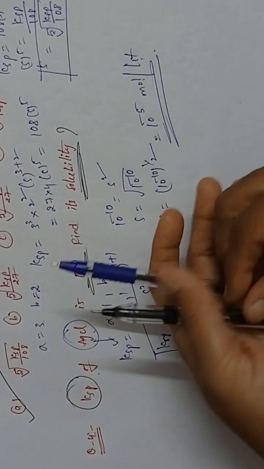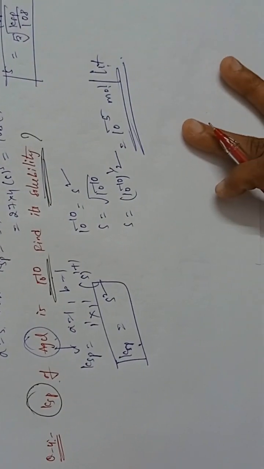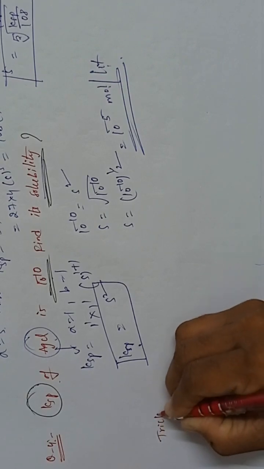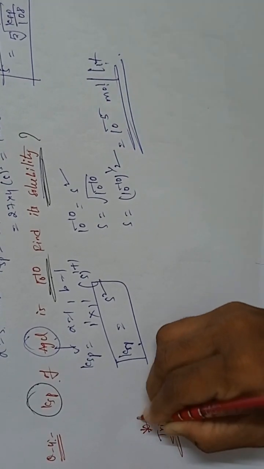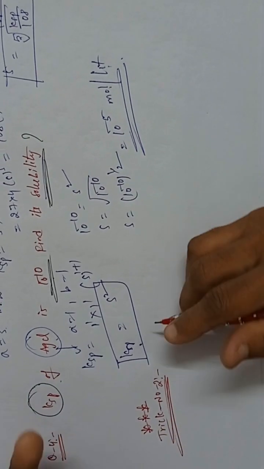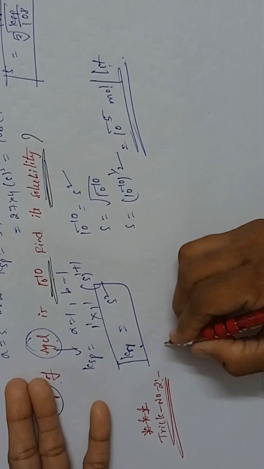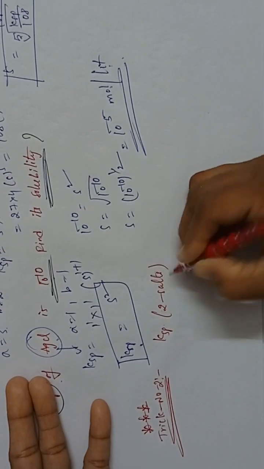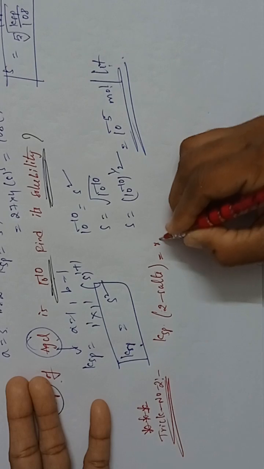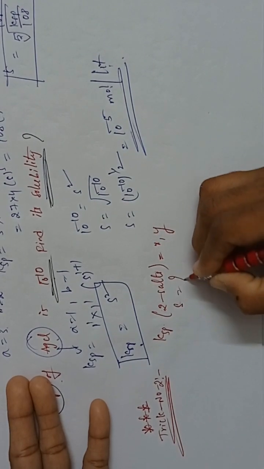Okay. Now trick number 2. What is trick number 2, students? See here. For two electrolytes, two salts, they will give the Ksp values, X and Y. Suppose the Ksp values are given, you have to calculate the solubility.